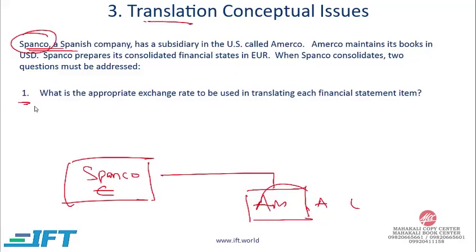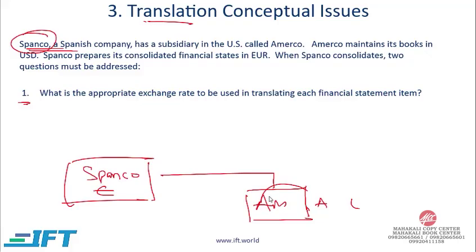The first is, what is the appropriate exchange rate to be used in translating each financial statement item? For example, should we use the exchange rates that were in effect when the asset was purchased? Do we use the average exchange rate, the exchange rate at the end of the period, in other words, the balance sheet date?